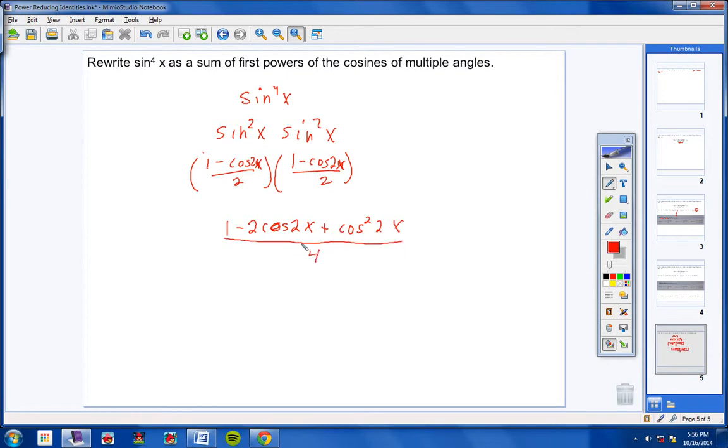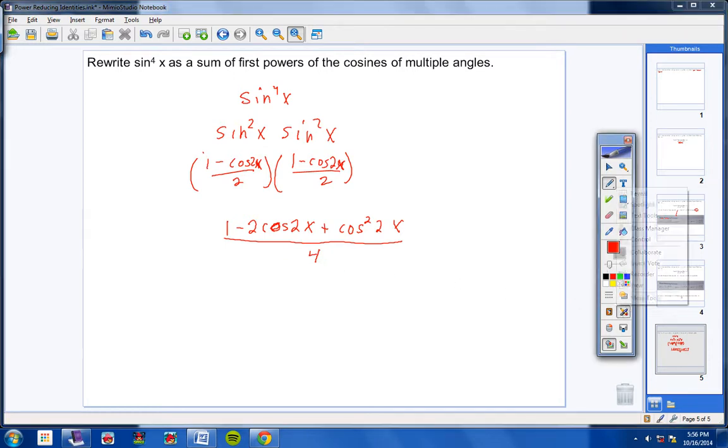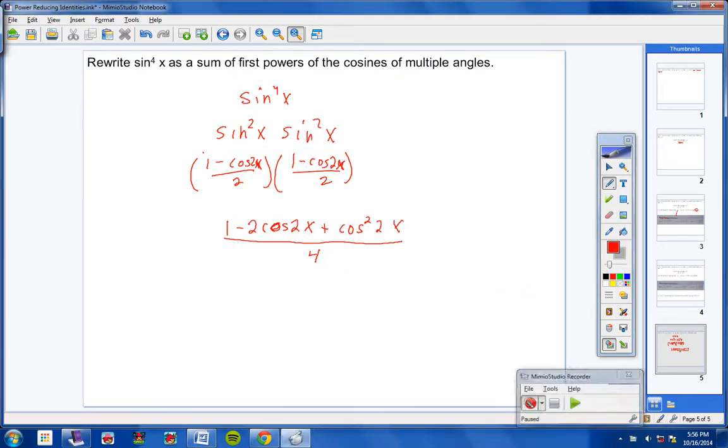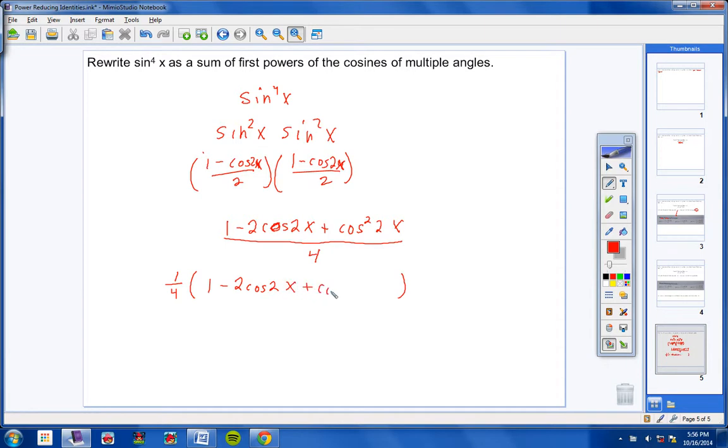Now, I really don't want a big fraction like this, so I'm going to do something a little unique here. I'm going to go ahead and pull out a fraction. And what I mean by that, students, is this. Watch this carefully. I can put 1/4 and then put parentheses and then put 1 minus 2 cosine of 2x plus cosine squared of 2x.